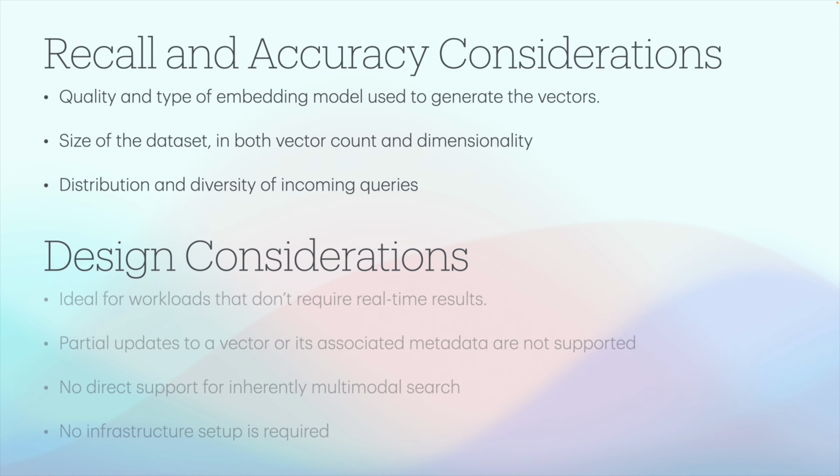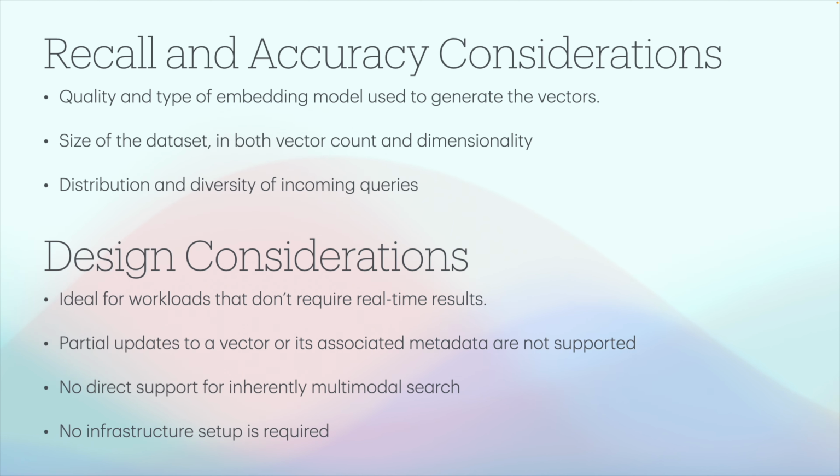Next is design considerations. S3 vector buckets are great for workloads where you don't need millisecond level real-time results. It is well suited for things like batch jobs or periodic searches. But a couple of caveats that you need to be aware of: you can't partially update a vector or its metadata. If something changes, you need to re-upload the whole entry within the index.